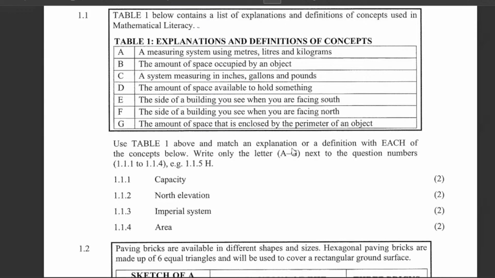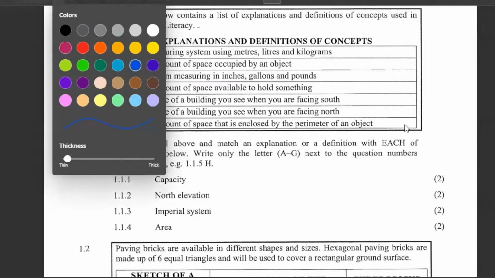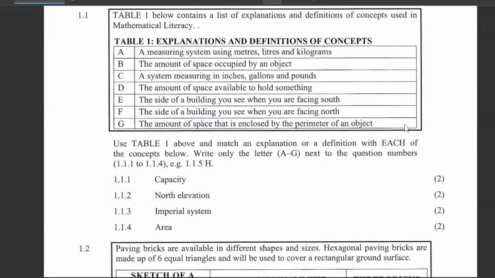All right, the first one is a measurement. They're telling us a measuring system using meters, liters, and kilograms. We know this one, it's metric.